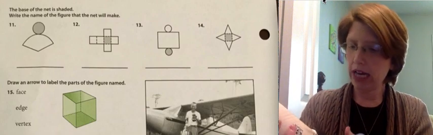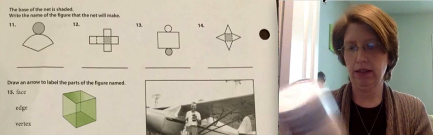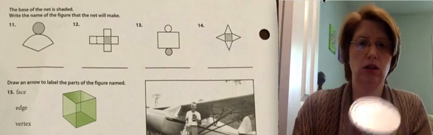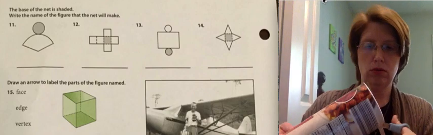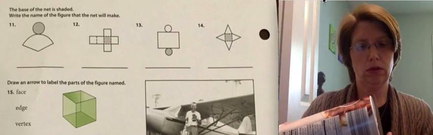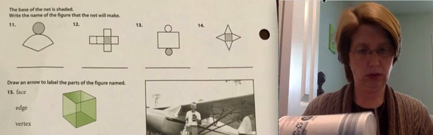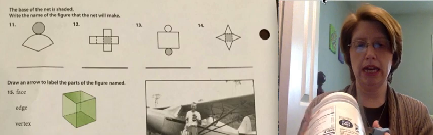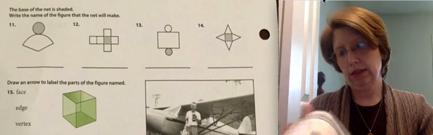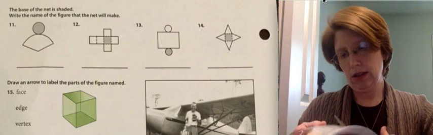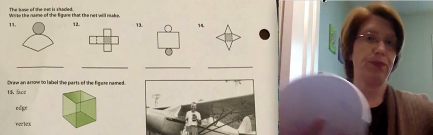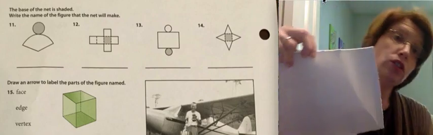So if I were to cut this right down the middle, and then cut it so that it could be flat, okay, like this. That used to be a cylinder.